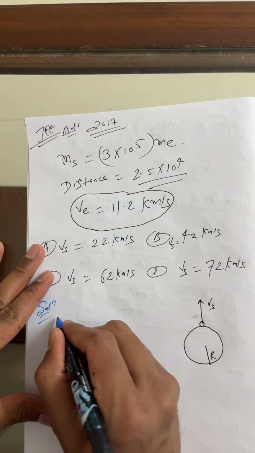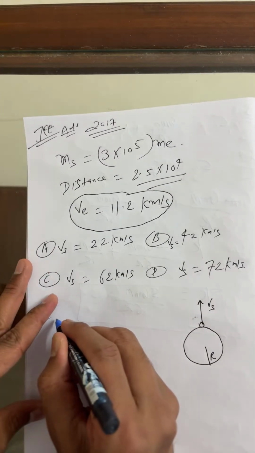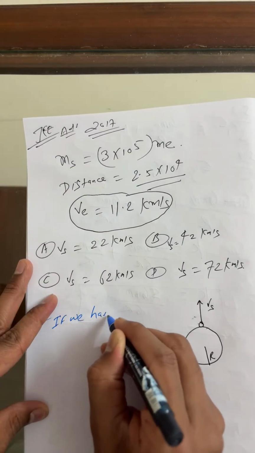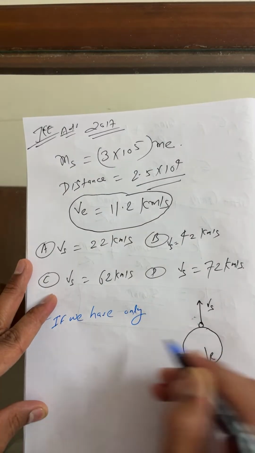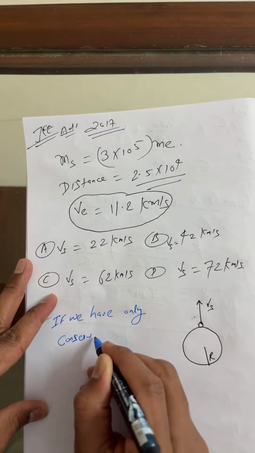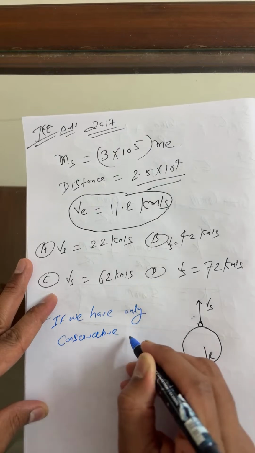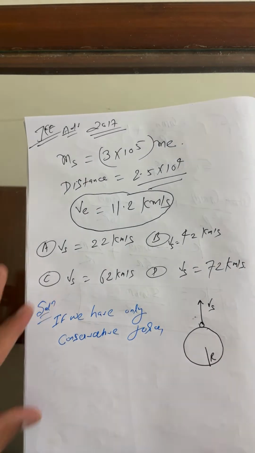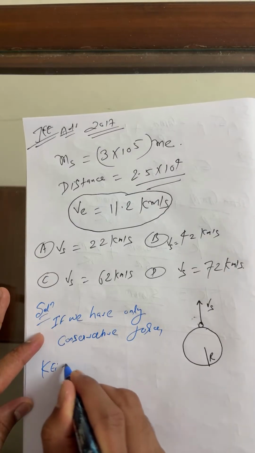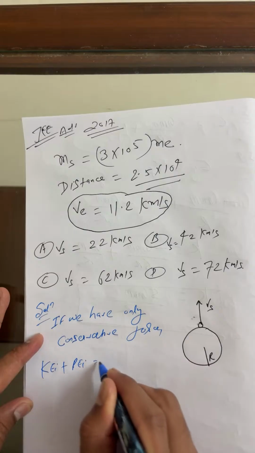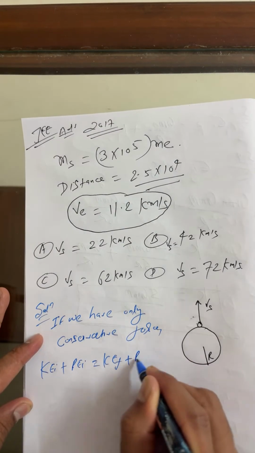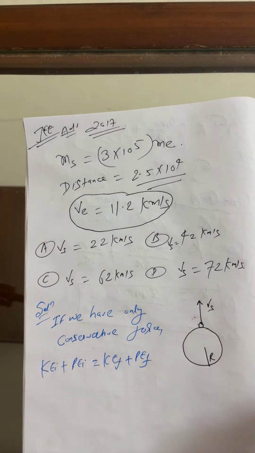As I said multiple times in the classroom, if we have only conservative force, then kinetic energy initial plus potential energy initial is equal to kinetic energy final plus potential energy final, right?